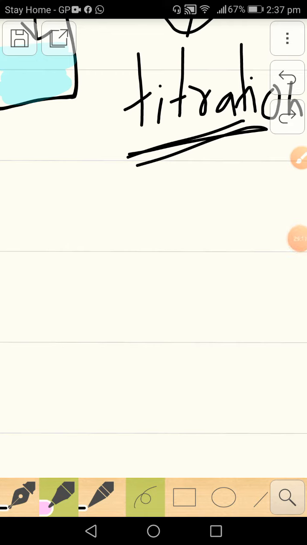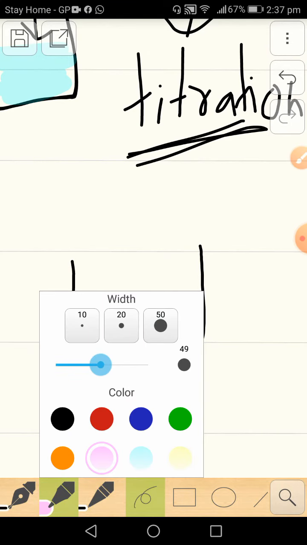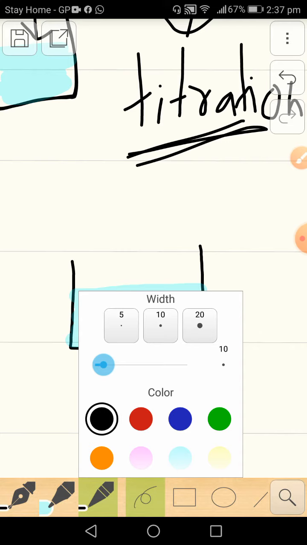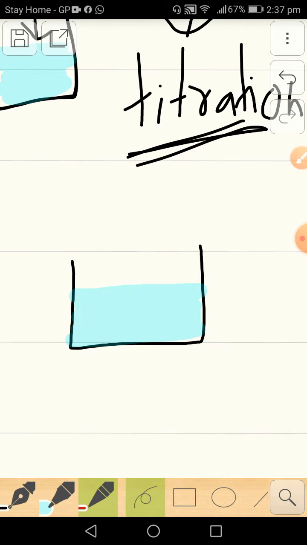For example, you take a beaker and put a solution inside it, and then you put in one indicator, and the indicator will change color when the reaction is finished. Just imagine it in this way.